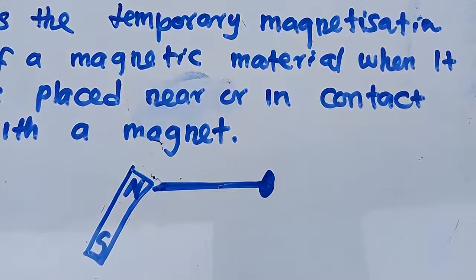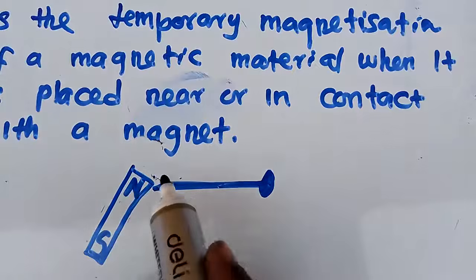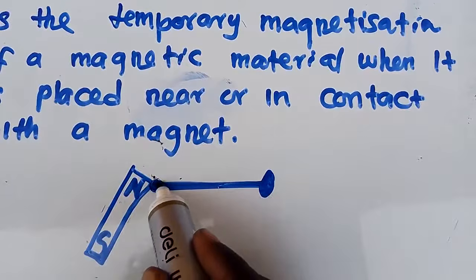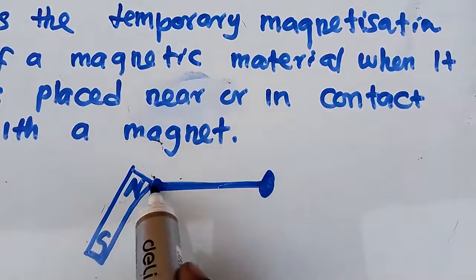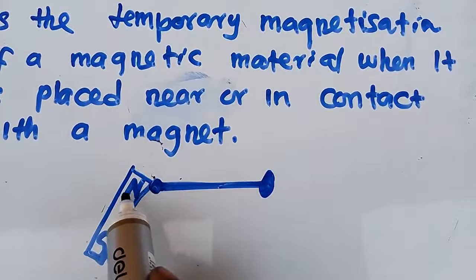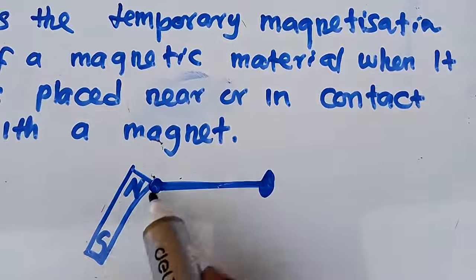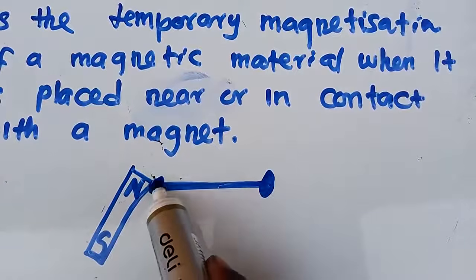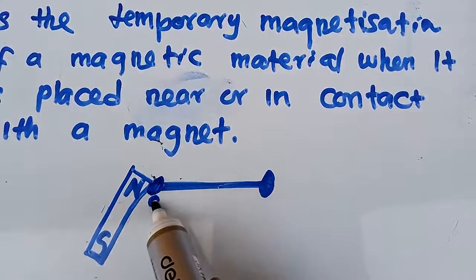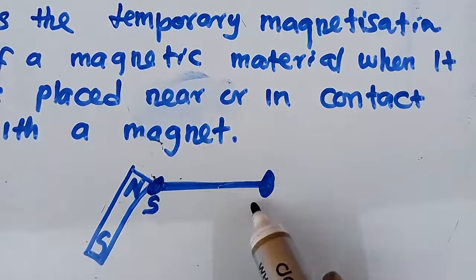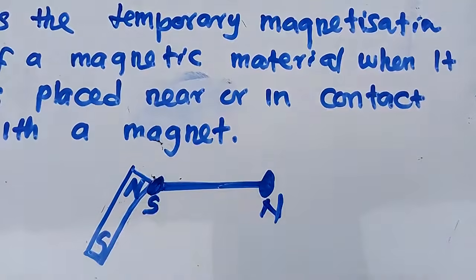I'm using this word induced, telling you that it is coming in contact with a permanent magnet. So when this end of a nail is nearer to the north pole of a permanent magnet, this side becomes the induced south pole, and the other one becomes the north pole.